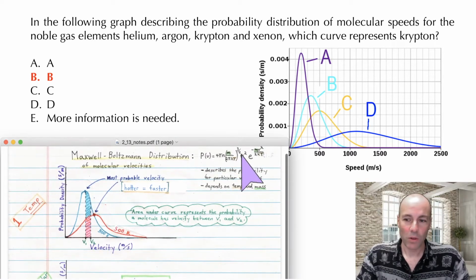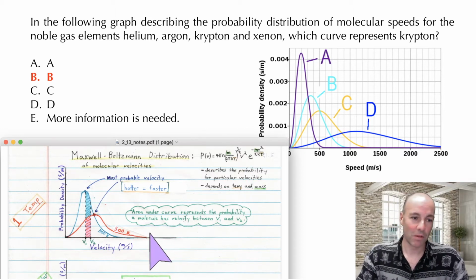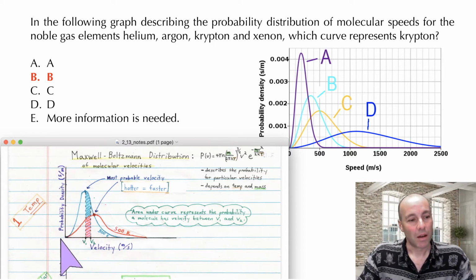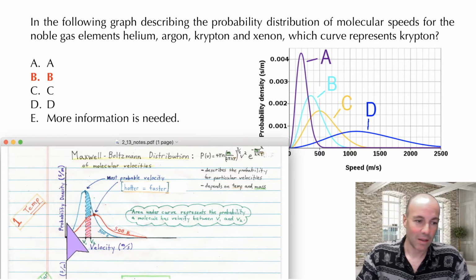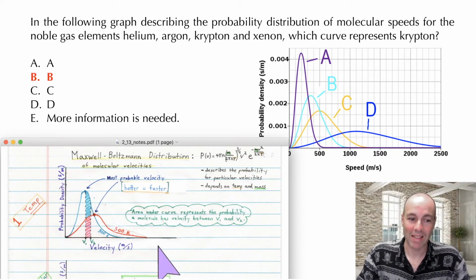So if you graph this equation for a particular gas at a particular temperature, you get these hump-shaped curves. The probability that gas particles move with certain velocities versus the velocity, so that's your y and x axis. Here is the probability on the y-axis, velocity on the x-axis.